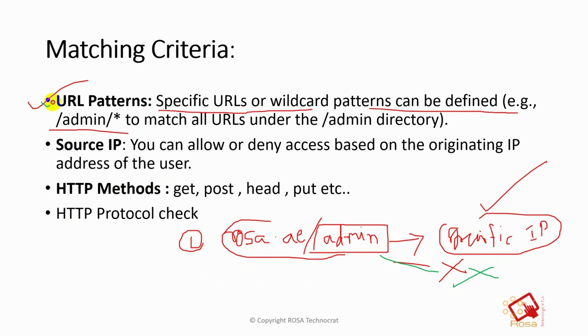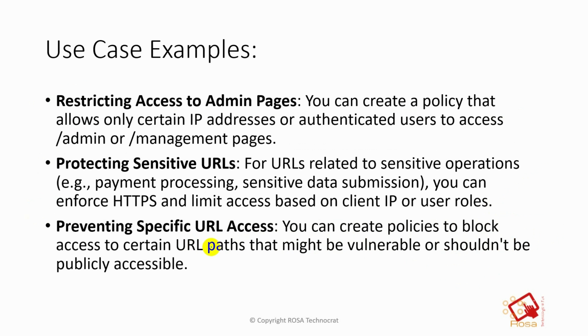So we said URL patterns, source IP, HTTP methods, and protocol. These four checks can be done on Fortiweb when you are defining the matching conditions for a URL access policy. What are the different use cases? As we discussed, restricting access to admin pages. Your application might have various different URLs or pages, but you want to restrict the admin pages, or some pages should not be allowed to the public.